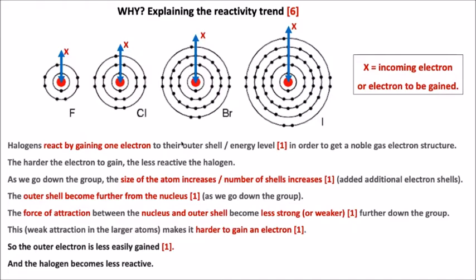The distance between the positive nucleus and the electron to be gained is increasing. This makes it harder to gain an electron. So this explains the trend.